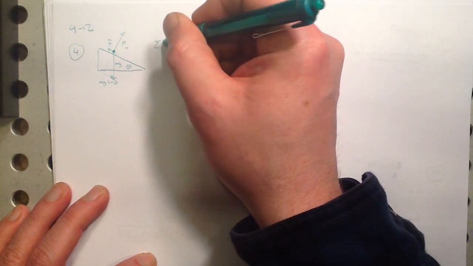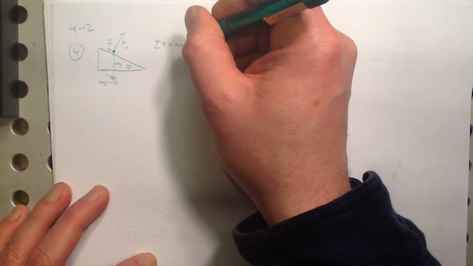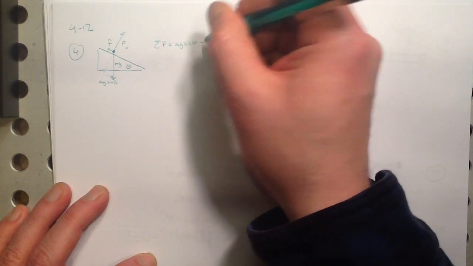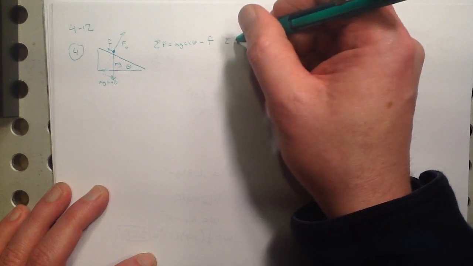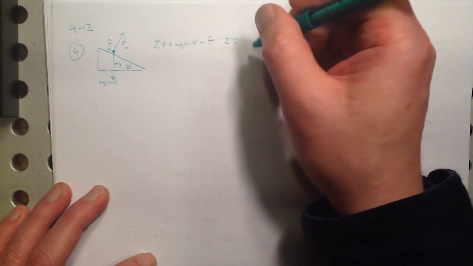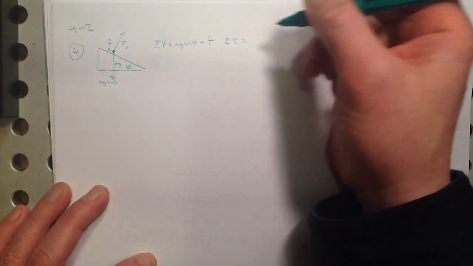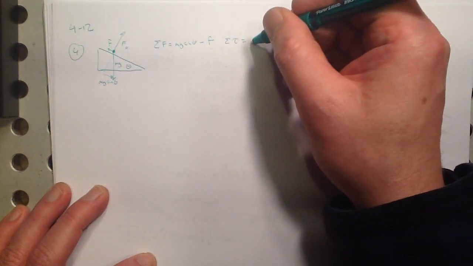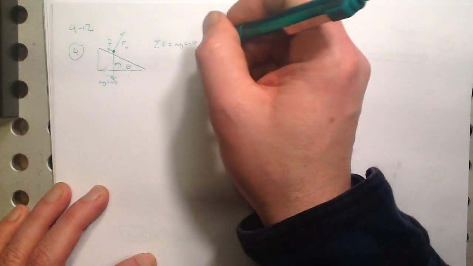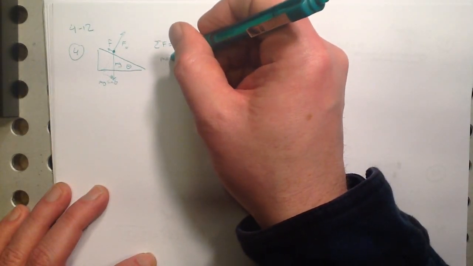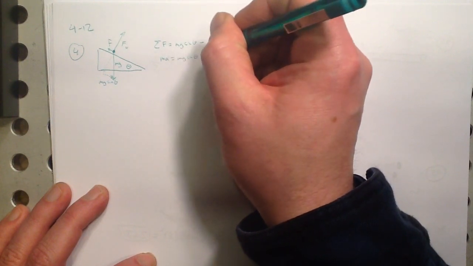So the sum of all forces on the sphere is mg sine theta minus the frictional force. And the sum of all torques on the sphere: the only thing that's causing a torque is the frictional force. Talked about that in class. So filling these out, that means that ma is equal to mg sine theta minus f.